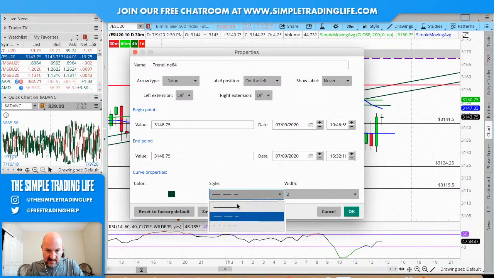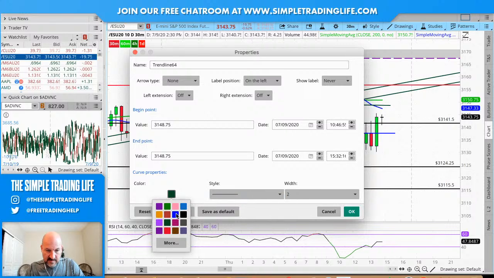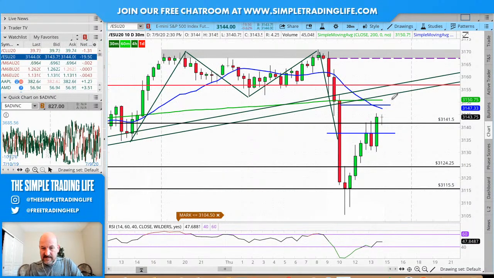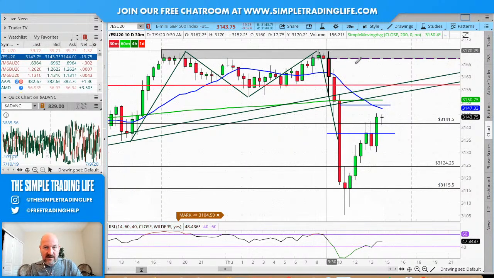I want that to be solid and blue. Okay, that's 66%. So if we get up here and break and hold above it, the odds say about 84 to 85% of the time you're going to continue all the way back up to the origin of the move, which would be up in here.